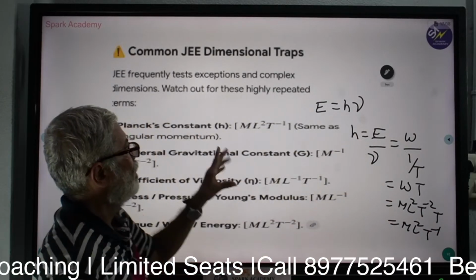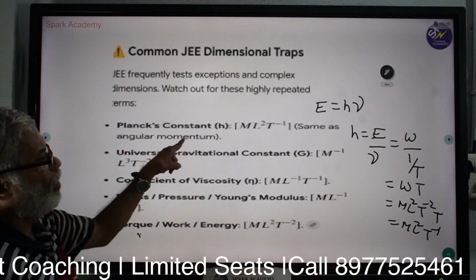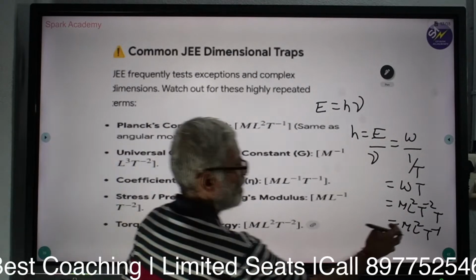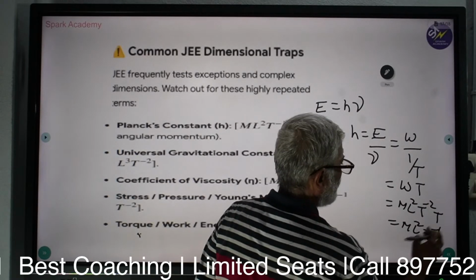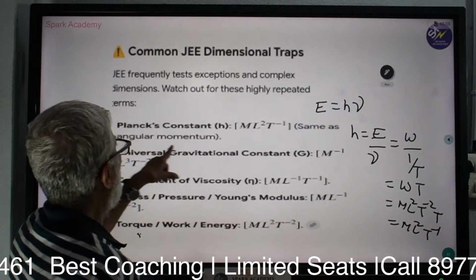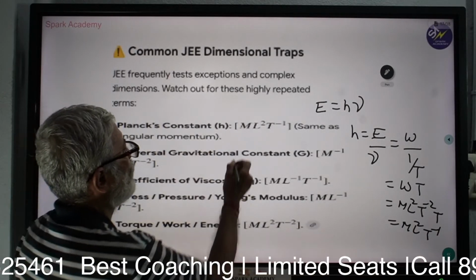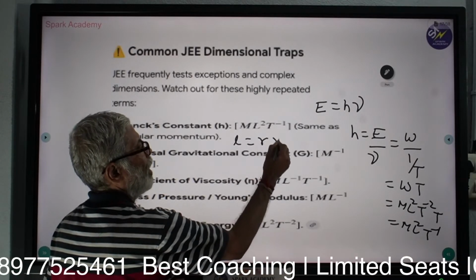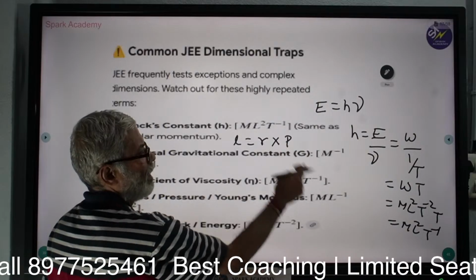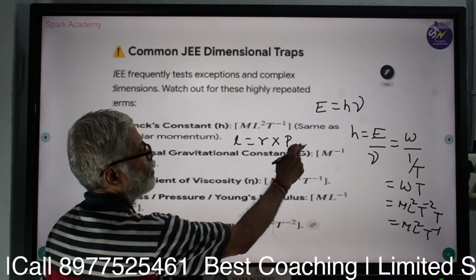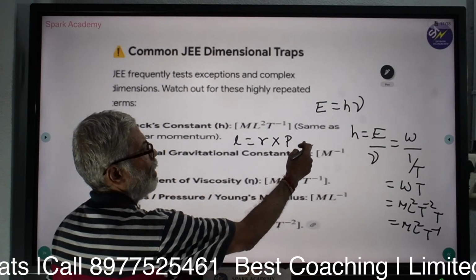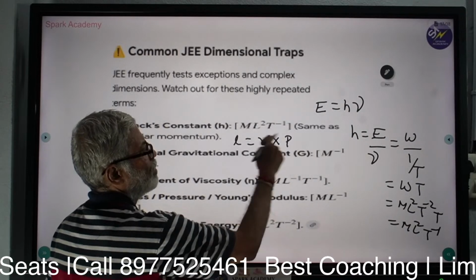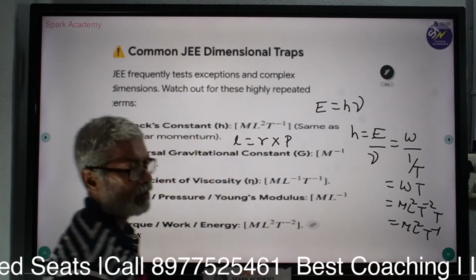Like that, Planck's constant and angular momentum have the same dimension. If you substitute, you will get angular momentum. Angular momentum is equal to R cross P. So the dimension of P is mass into velocity, MLT minus 1, into L. So you will get the same dimension.